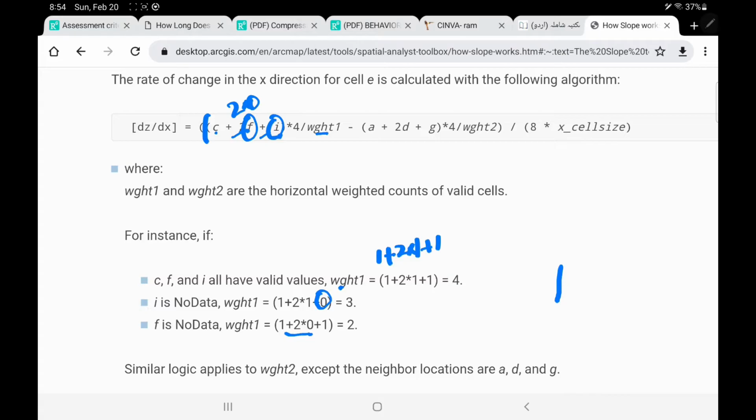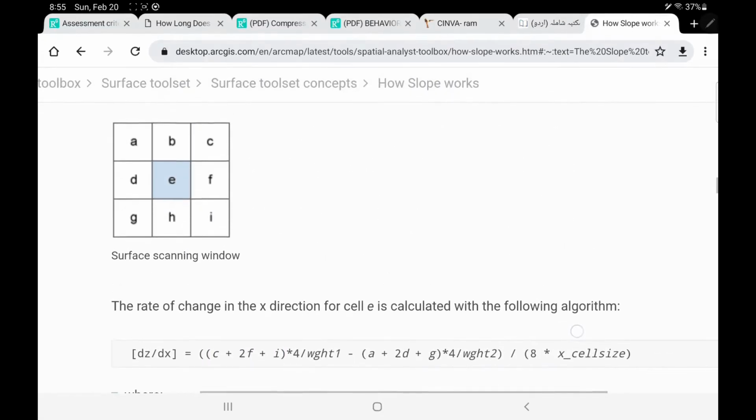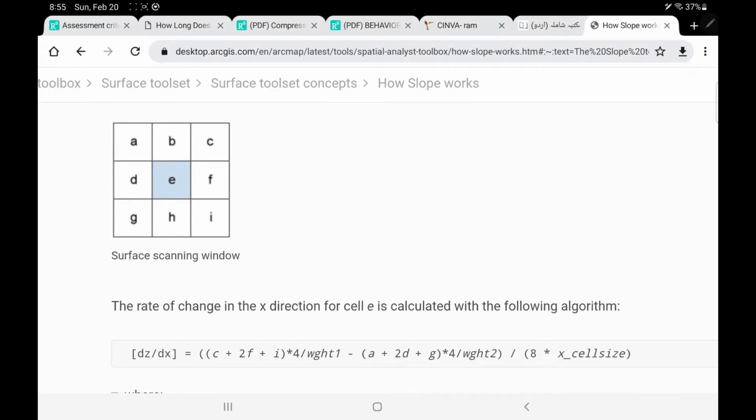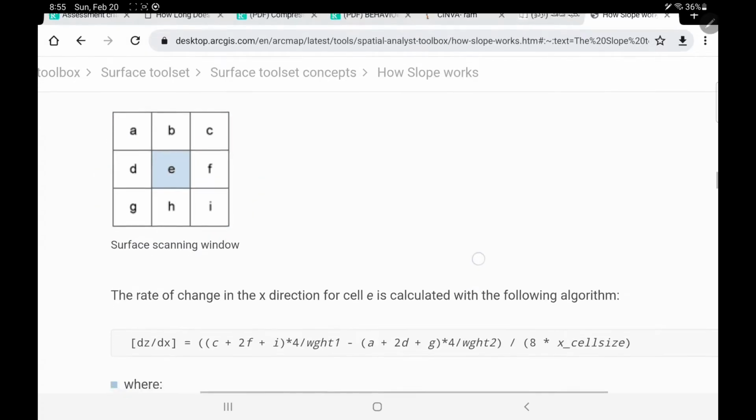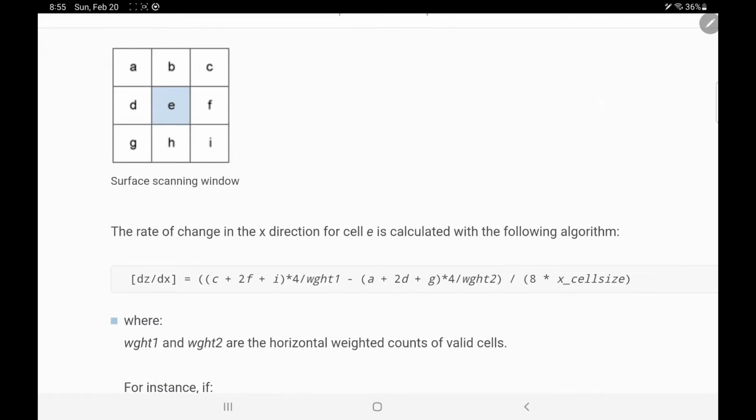Where A, B, C, D, E, F, G, H, I are these cells. So weight 1 is basically 1 plus 2 times 1 plus 1.